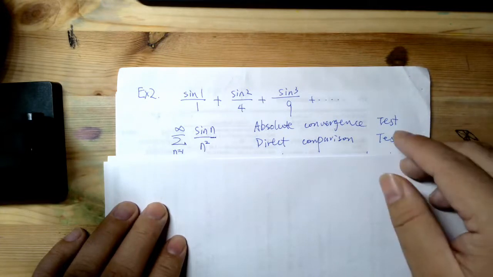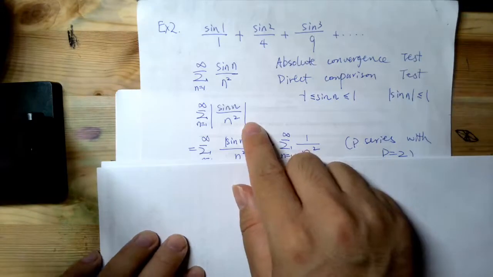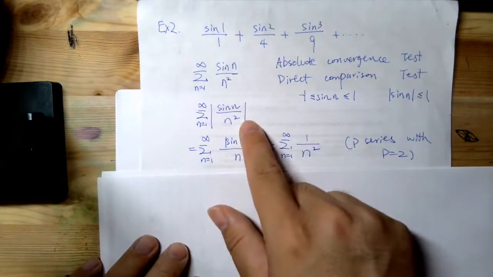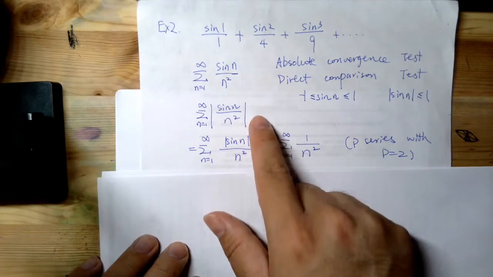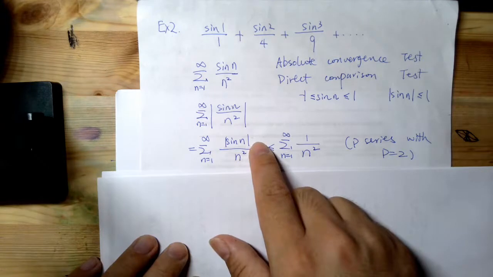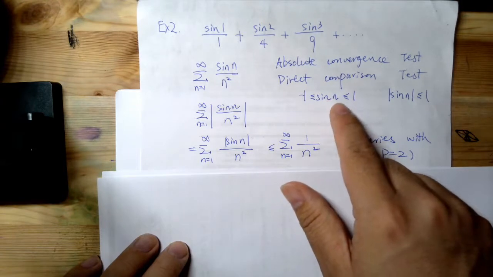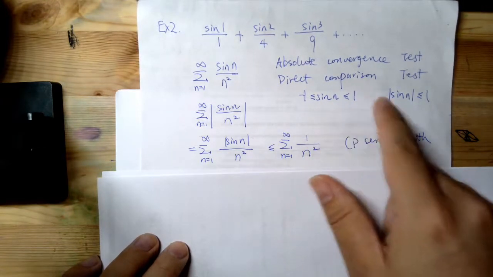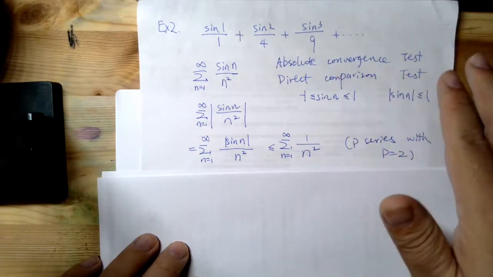Following that, we put an absolute value on this. The denominator is n squared, which is positive, so this absolute value sign only acts on the numerator, which is sine of n. We also know that sine of n is bounded between -1 and 1, so the absolute value of sine of n is less than or equal to 1 for all n.